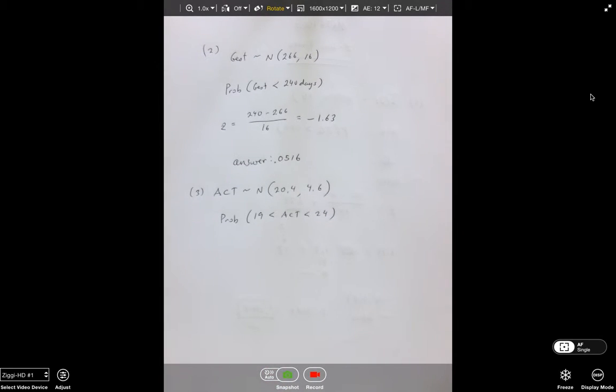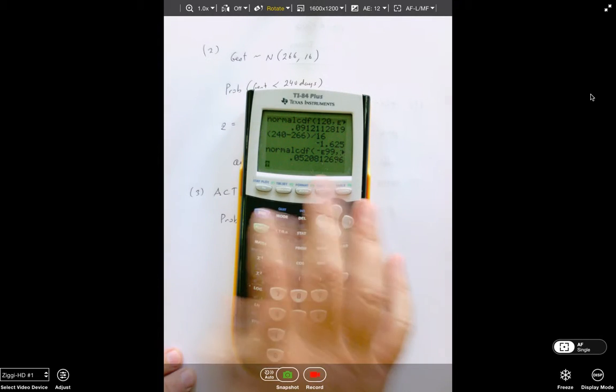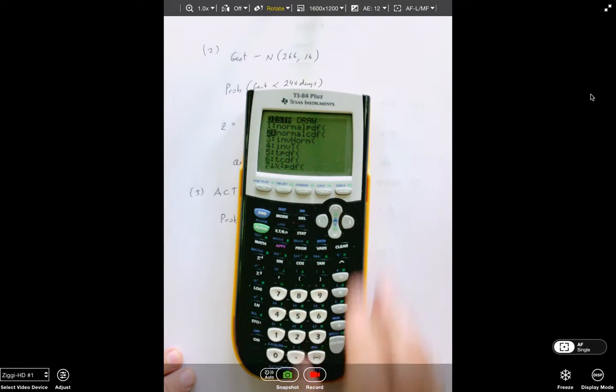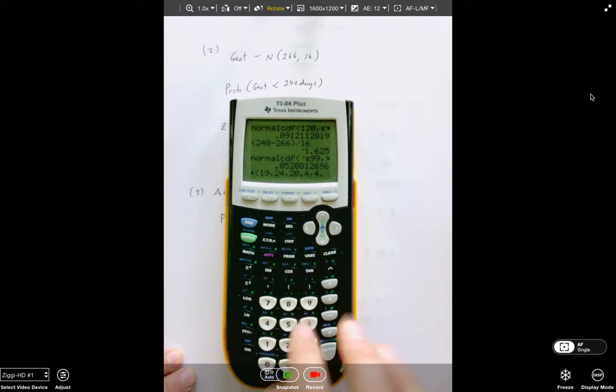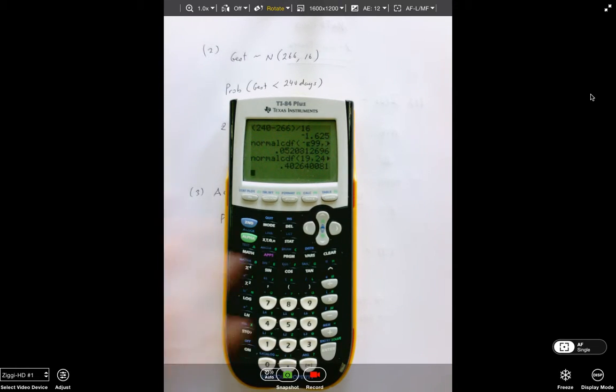Well, gang, with your calculator, 19 to 24, mean 20.4, 4.6. I'm done. 0.4026 is the answer.